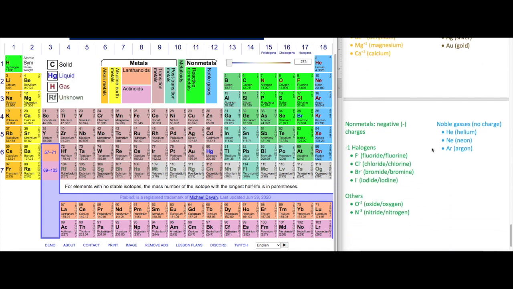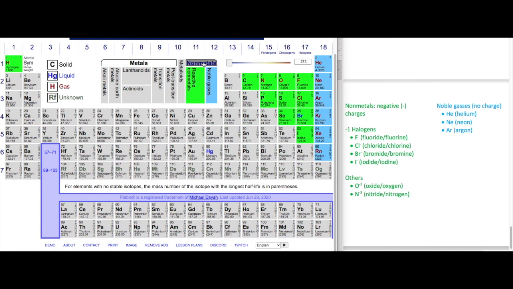The nonmetals that are all over on the right side include the noble gases. Noble gases are very special because they're very stable. They don't generally form compounds. Most common ones to know are helium, neon, and argon. And then for the others, the reactive nonmetals, the ones that you're going to want to know are the halogens that are all here: fluorine, chlorine, bromine, iodine.